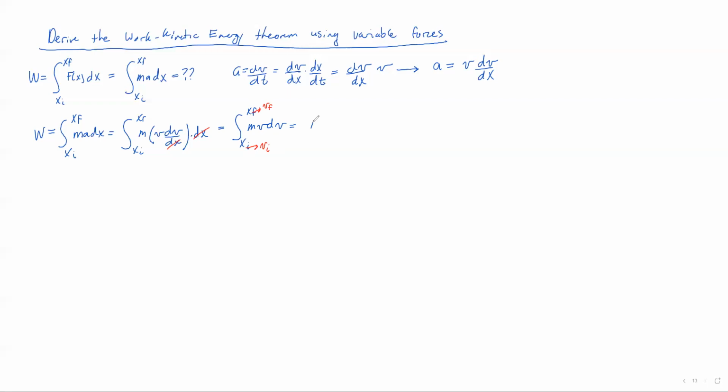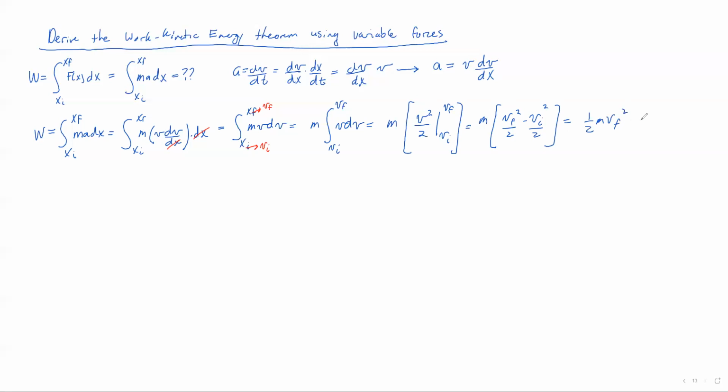So I'm going to pull the m out and rewrite my variable. It's now vi and vf, v dv. Well, the integral of v dv is equal to v squared over 2 from vi to vf. That's m times vf squared over 2 minus vi squared over 2, which is equal to 1/2 mvf squared minus 1/2 mvi squared.